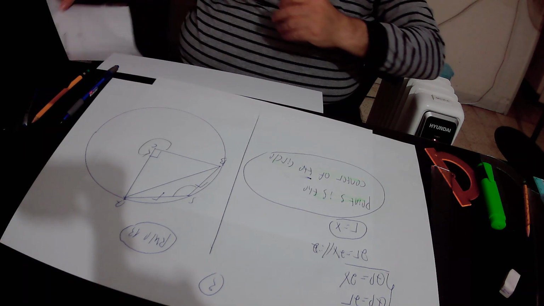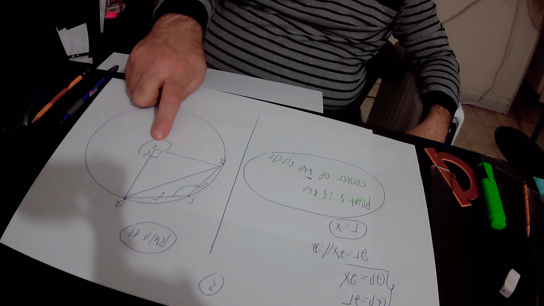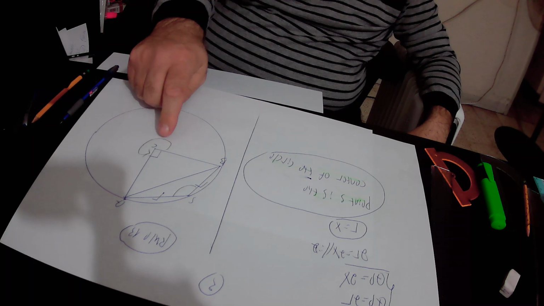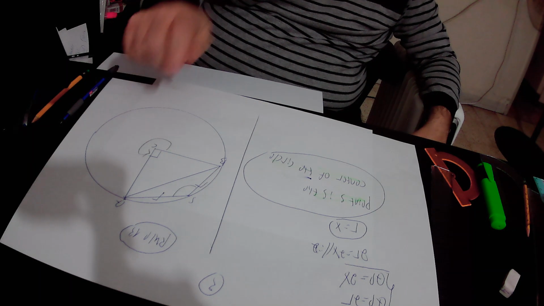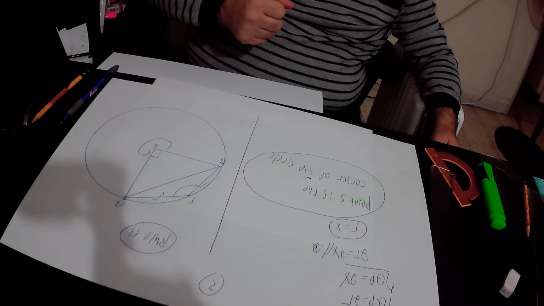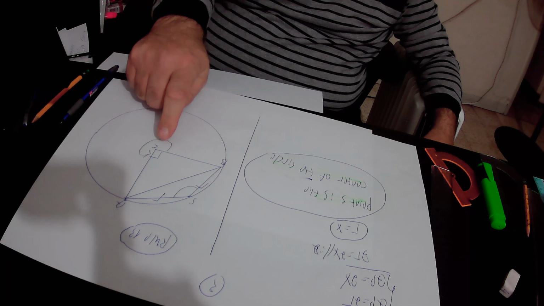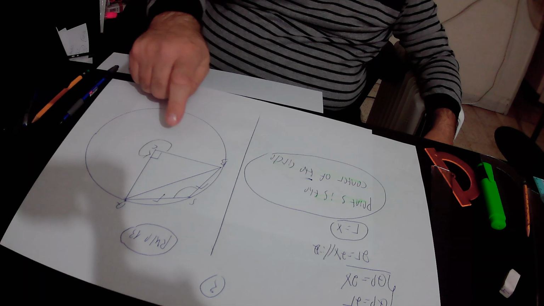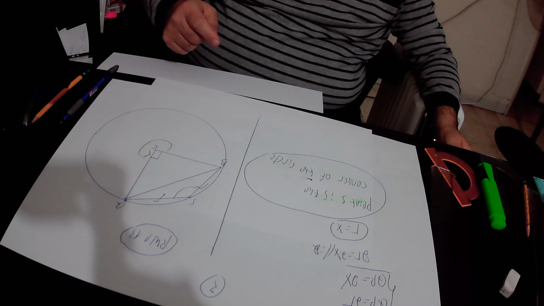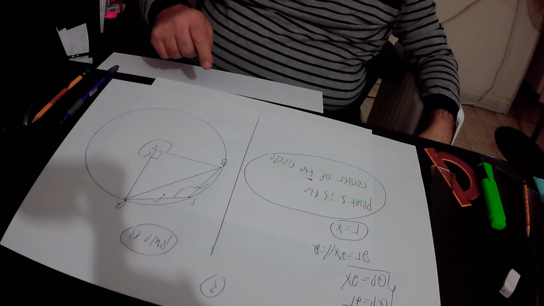Why? Because in our drawing, if we focus on this point, point C, the sum of the angles around point C must be equal to 360 degrees according to rule number 6. So which angles do we have around point C? We have this angle that is equal to 90 degrees plus the missing angle. In total, they must be equal to 360 degrees.